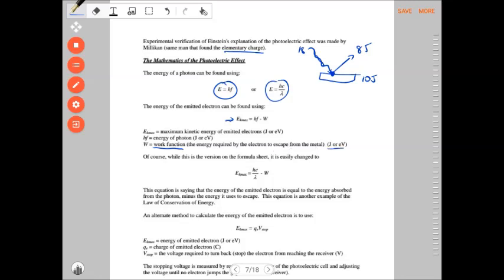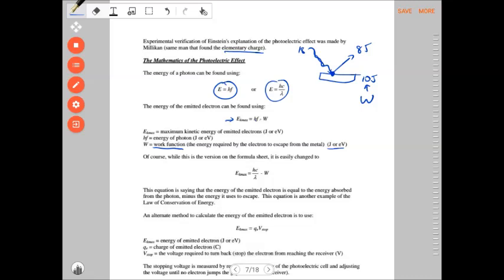That can be in joules or electron volts. So this 10 joules in our little example is the work function. The work function is how tightly the metal holds on. Easy enough. So we have the energy of the photon minus the energy the metal holds on with. We subtract those, and that is going to be the maximum energy that the electron can have.